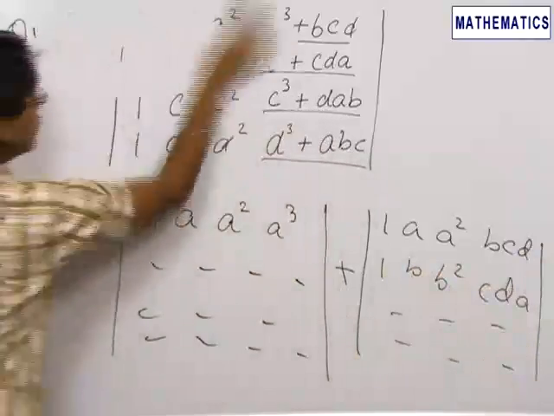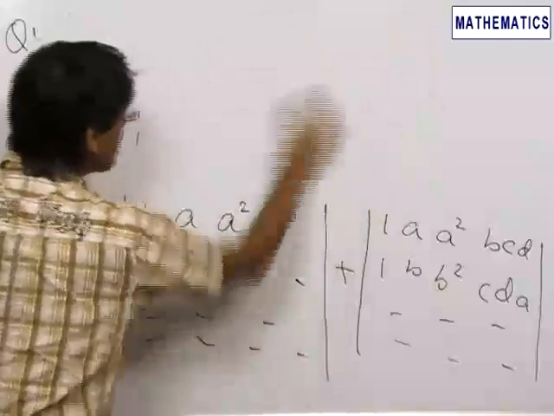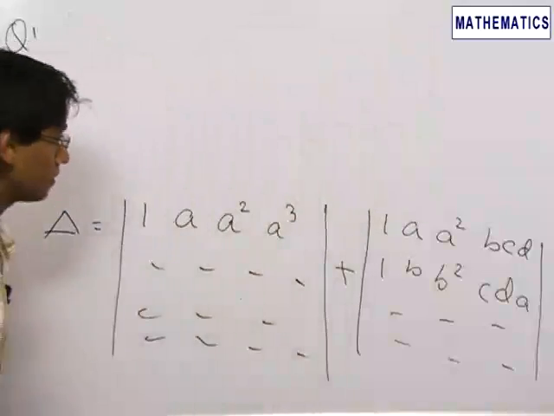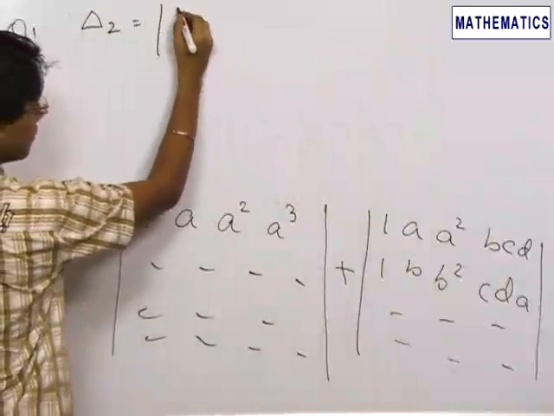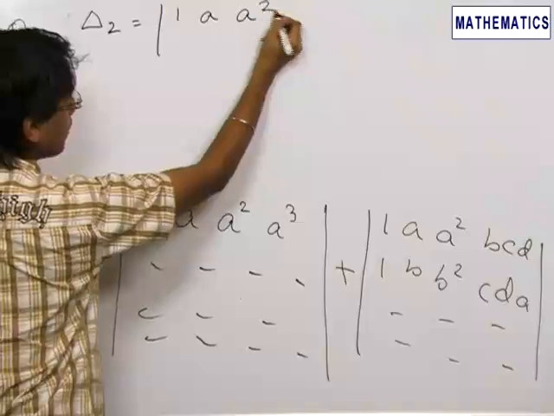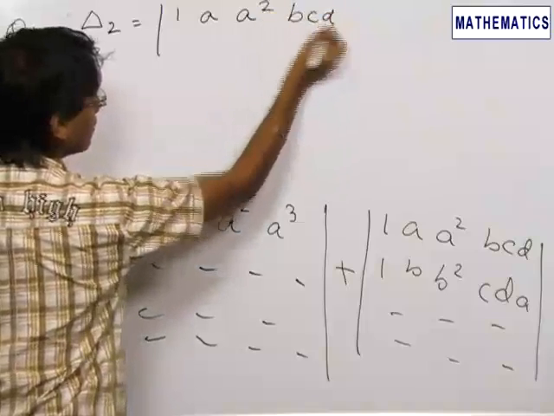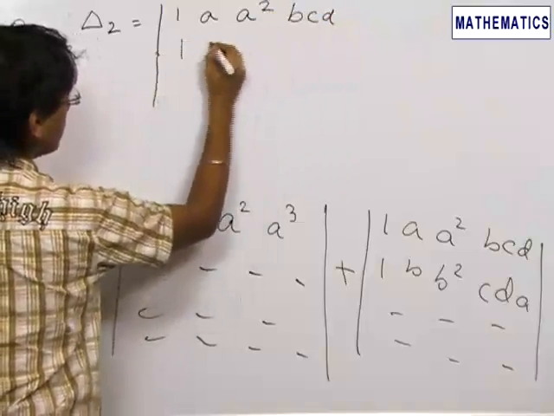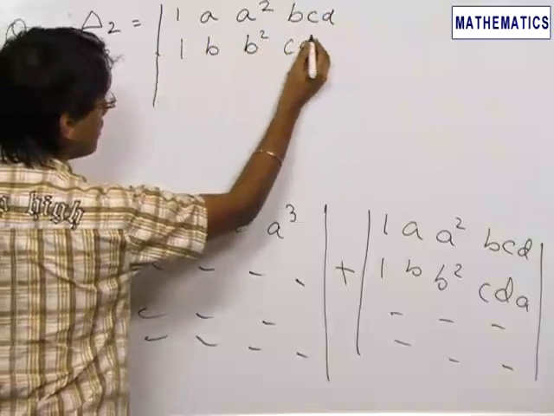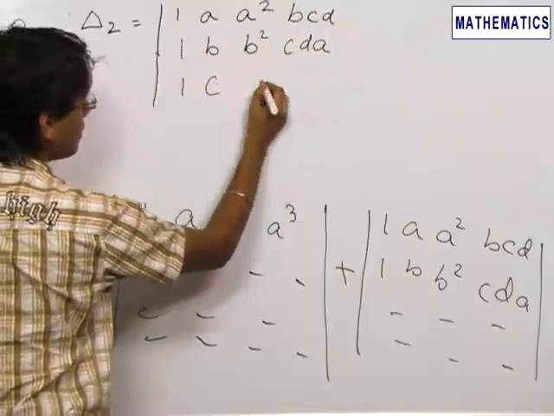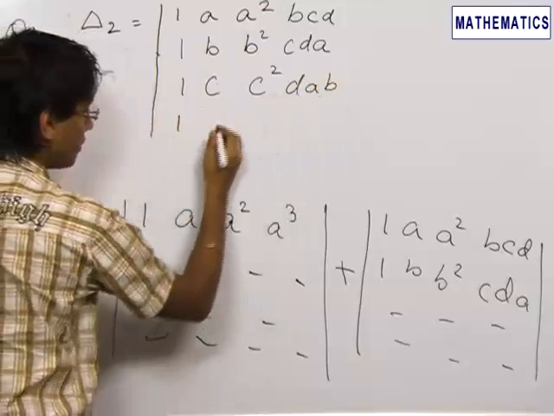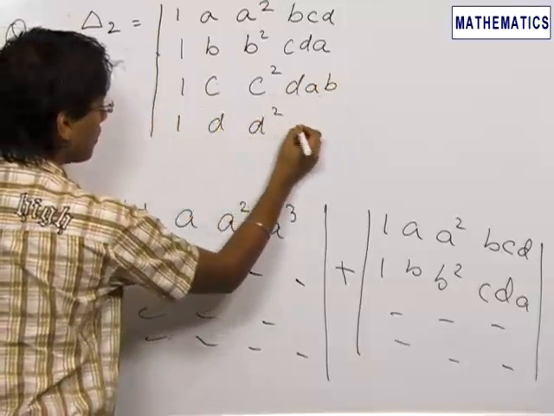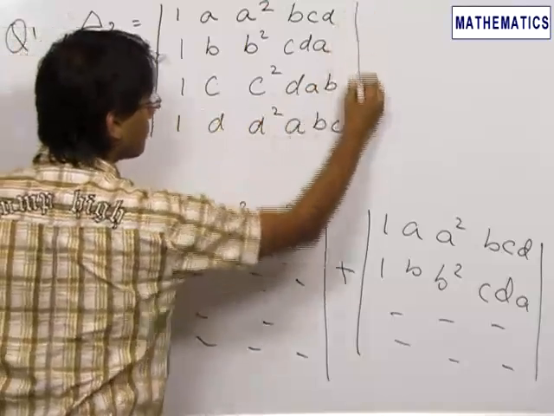Now we should concentrate on the second determinant. Let us write this determinant 2 as 1, a square, bcd, 1, b square, cda, 1, c square, dab, and 1, d square, abc.